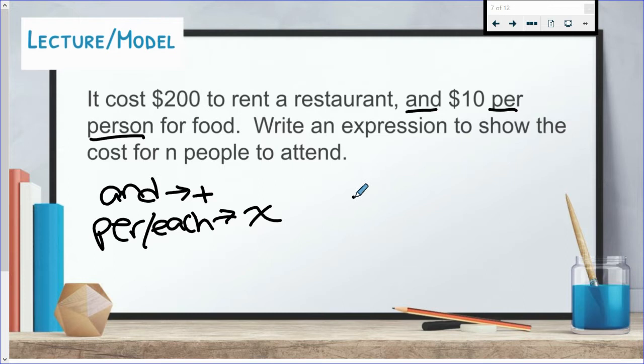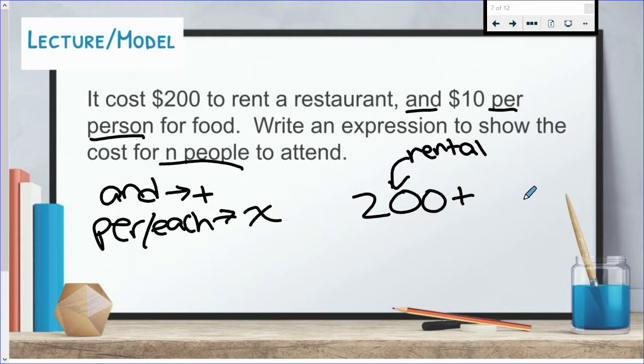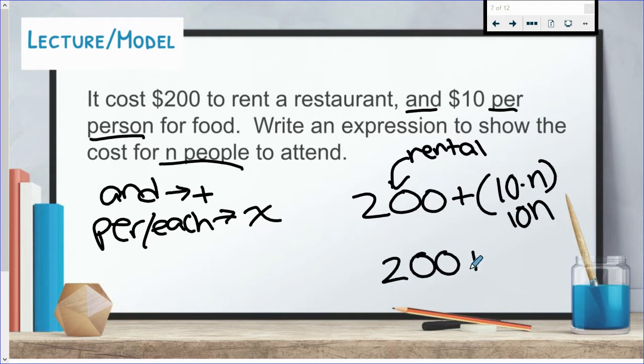The first thing is the $200 to rent the restaurant. So that's the rental. Then we have $10 per person, and it says to use N for people. So $10 per, or each, person would be 10 times N, or just 10N. So our final expression would be 200 plus 10N.